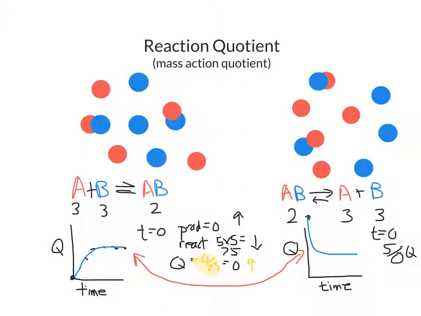That value of Q, the value that is constant, so when I reach a constant value of Q, that value is called K, the equilibrium constant. So Q at equilibrium, when I reach the equilibrium value of Q, we're going to call it K. And K will be the symbol for our equilibrium constant.